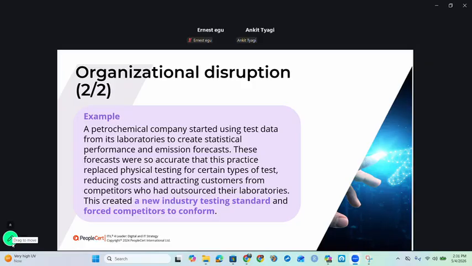This created a new industry testing standard and forced the competitors to conform. Right. So, of course, based on one particular level of disruption, the other competitors also had to change their way of working. So it affected multiple organizations within the same industry. So each of these organizations had to adopt a new way of working.